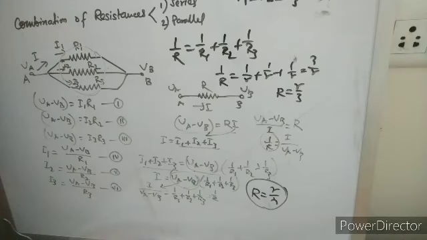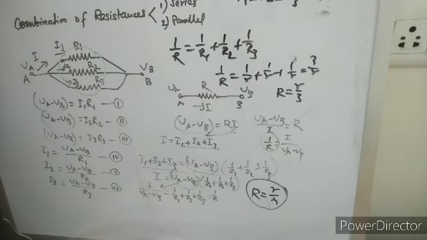So, if we take a large number of equal resistances and connect them in parallel combination, then the equivalent resistance will be less. Very simply, the equivalent resistance of a parallel combination is always less than each and every resistance of that parallel connection.